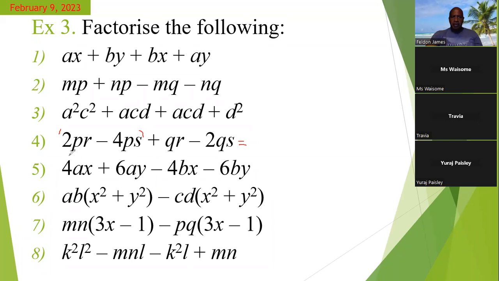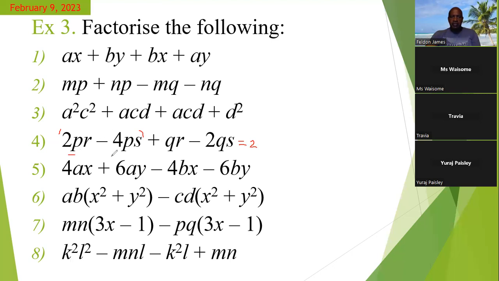P. All right, so note that for the numbers, you need to find the highest common factor, which is the highest number that can divide both the numbers. The highest number that can divide 2 and 4 will be 2. So your HCF for the number will be 2.